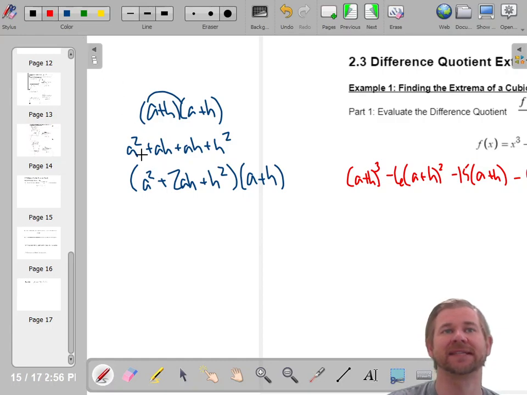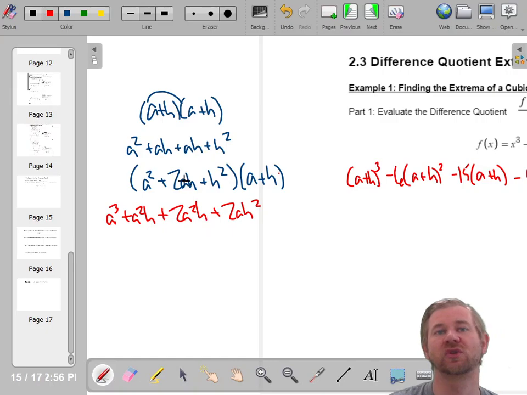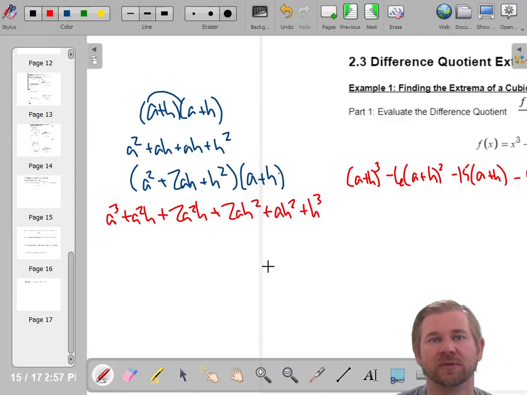To expand this, that's a cubed plus a squared h, plus 2a times a would be 2a squared, and that's got an h, plus 2ah squared, 2ah times h is 2ah squared, and then a times h squared, and then h squared times h is h cubed.